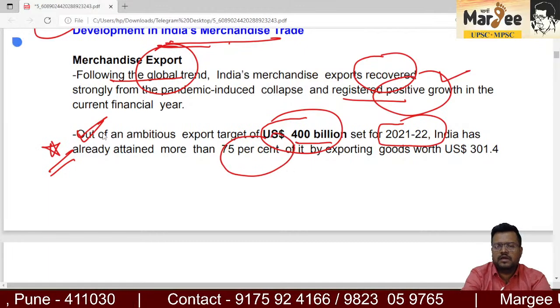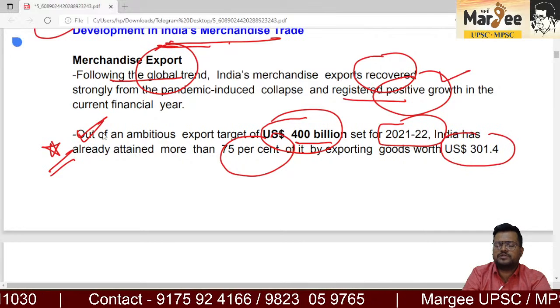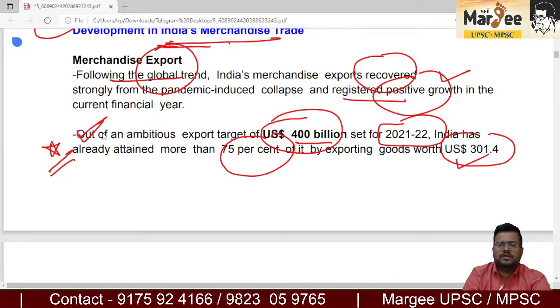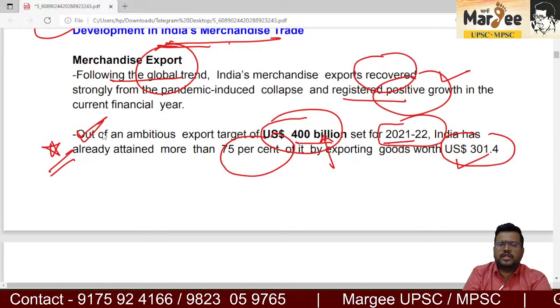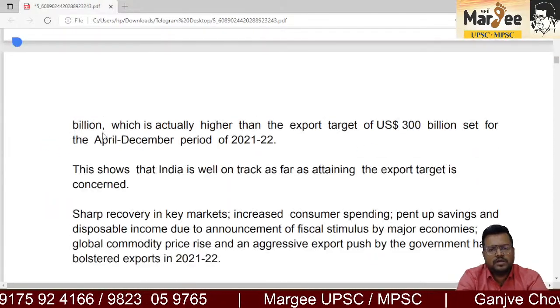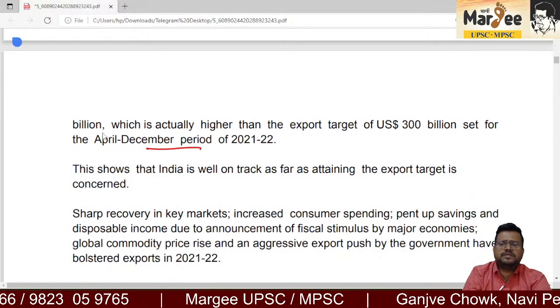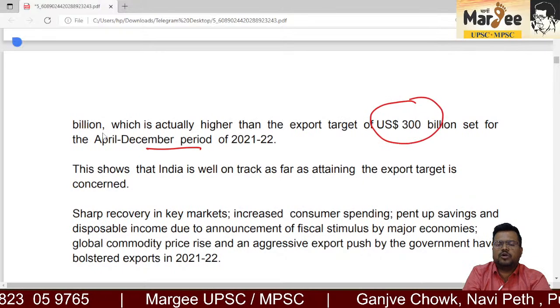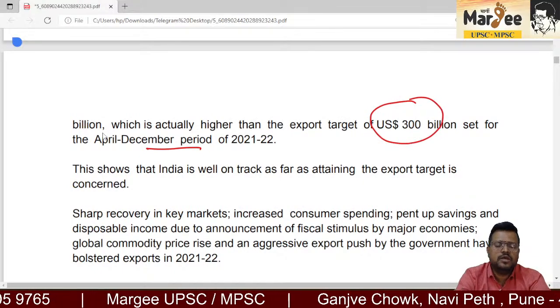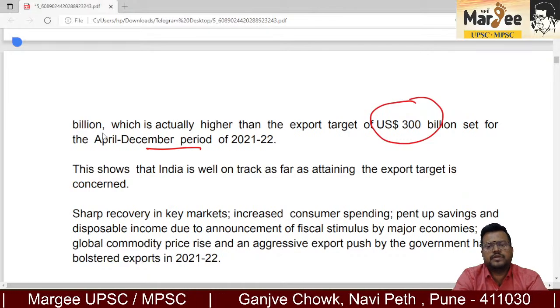Means आतापर्यंत आपला एक्सपोर्ट ह्या इयर मध्ये $301.4 झालेला आहे. आपलं टार्गेट होतं $400 बिलियन या इयर साठी, त्यातलं 75% आपण आधीच अचीव्ह केलेलं आहे. आपलं 2000 एप्रिल डिसेंबर पिरियडचं जर टार्गेट बघितलं तर ते $300 होतं. त्या कंटेक्स्ट मध्ये आपण खूप जास्त एक्सपोर्ट मध्ये प्रगती केलेली आहे आत्ताच्या कंटेक्स्ट मध्ये असं म्हणू शकतो.